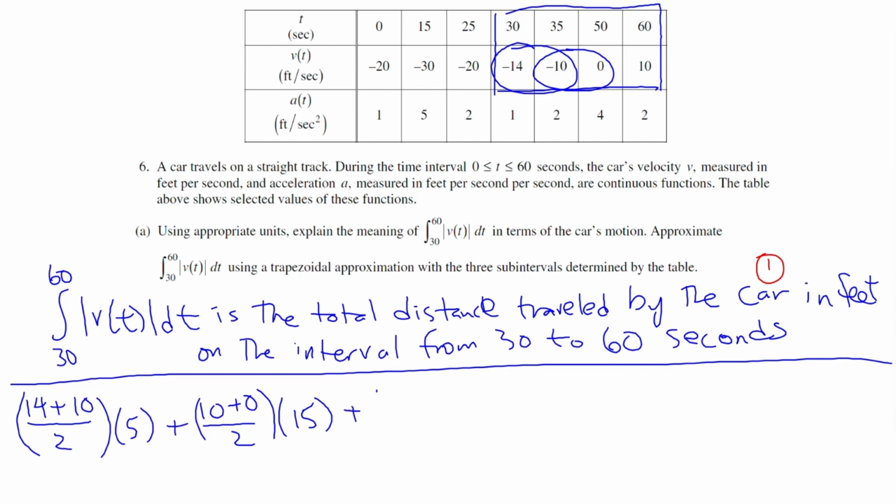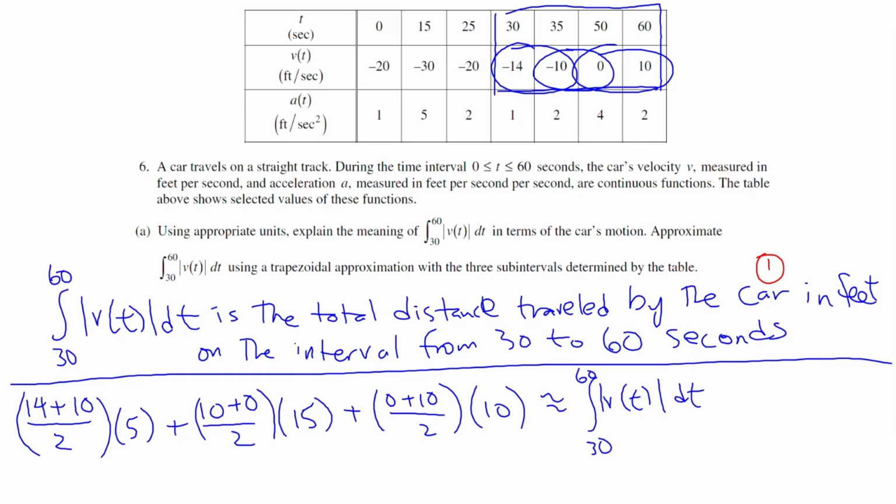And then the last one will be 0 plus 10 divided by 2, because that's our last set of velocities, and 60 minus 50 is 10. This should be an approximate value for the integral from 30 to 60 of the absolute value of v of t dt.